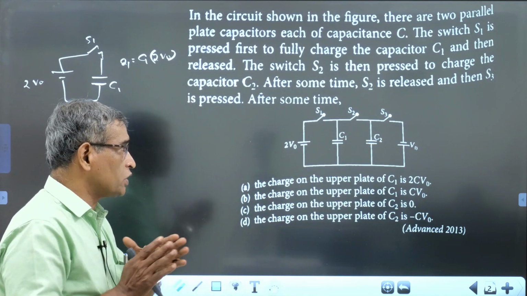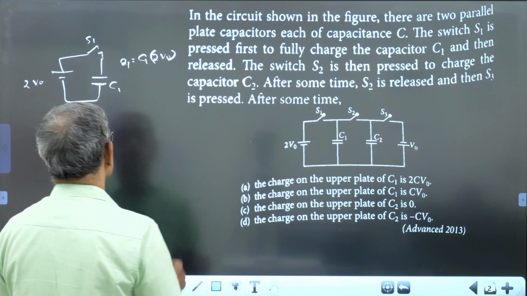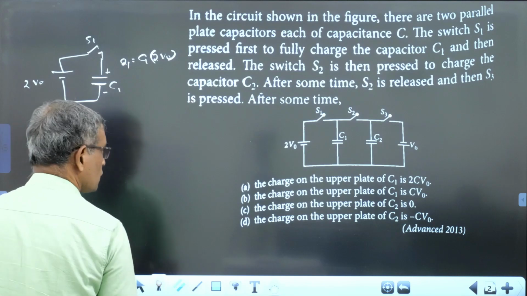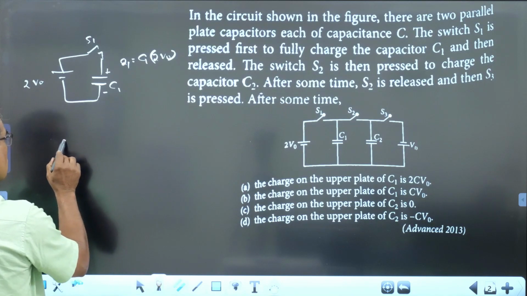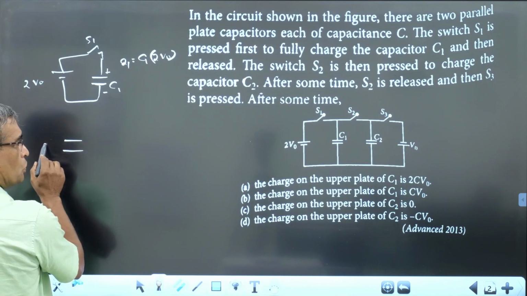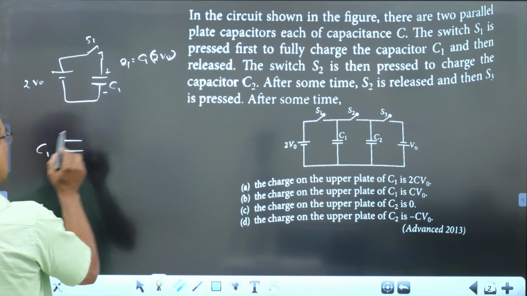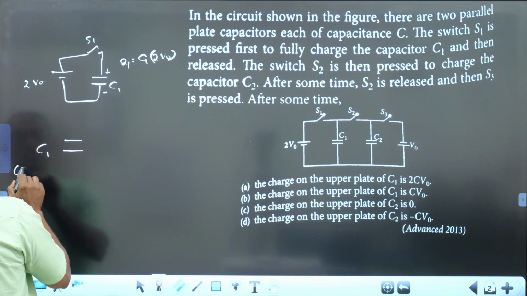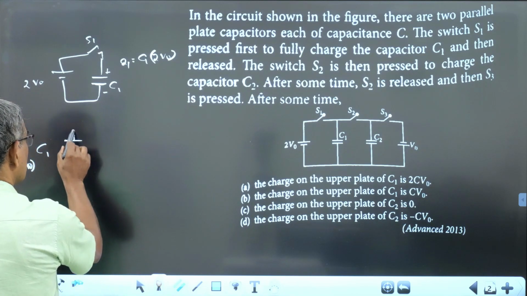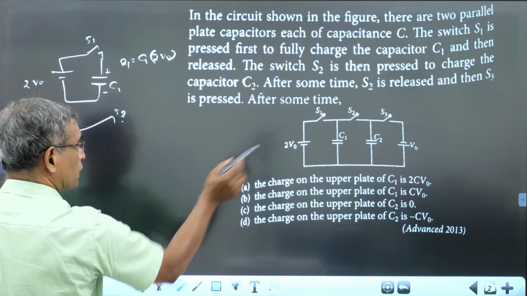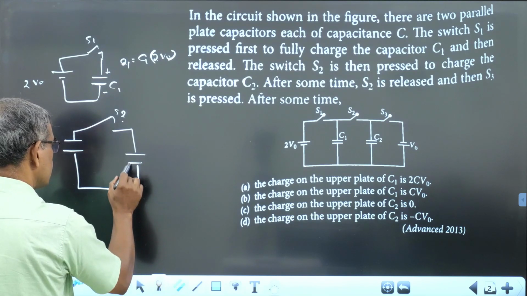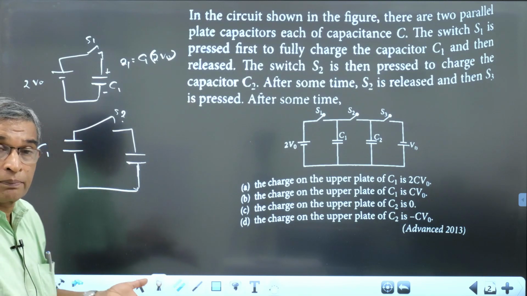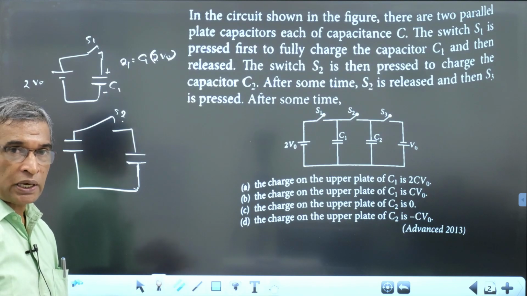Since they are the same, the polarity of this capacitor is positive on this side and negative on this side. Now, when you press S2, C1 is fully charged with 2V0. When S2 is pressed, C2 will share the charge, and both being of the same capacity, they will definitely share the charge equally.